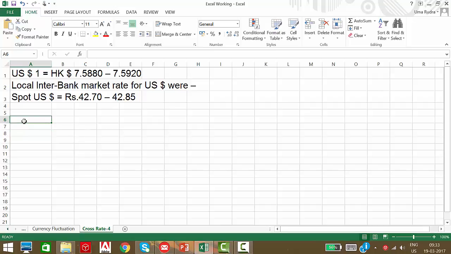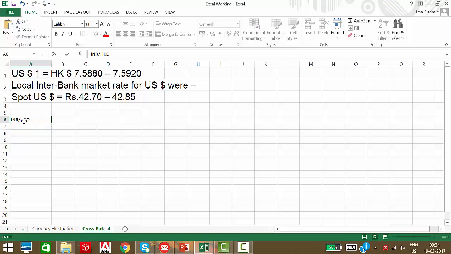Now, the cover rate we have to determine is rupee or INR per HKD. We have to calculate INR per HKD because the bank is covering itself through buying back HKD, Hong Kong dollar, from London market.